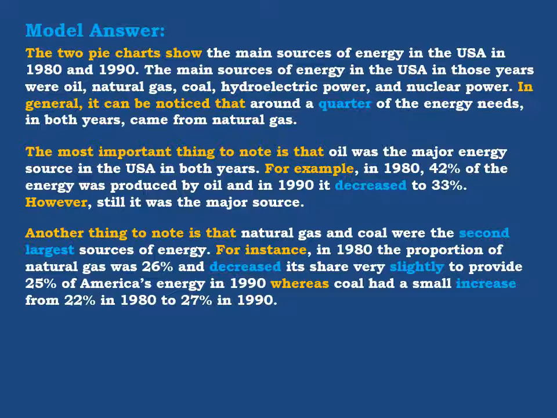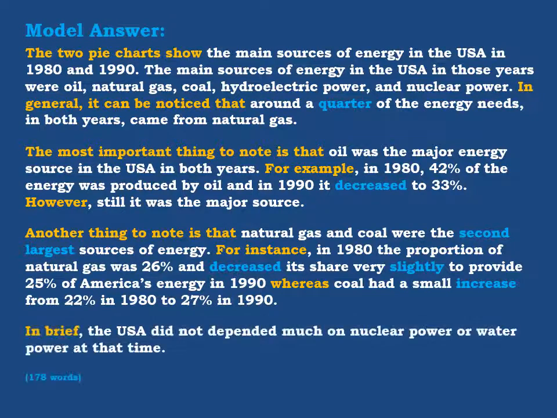So here he is talking about these two sources of energy, natural gas and coal. And you can see the elements are there, the phrases, the verbs, the idea, and the example. These are very important things to note.